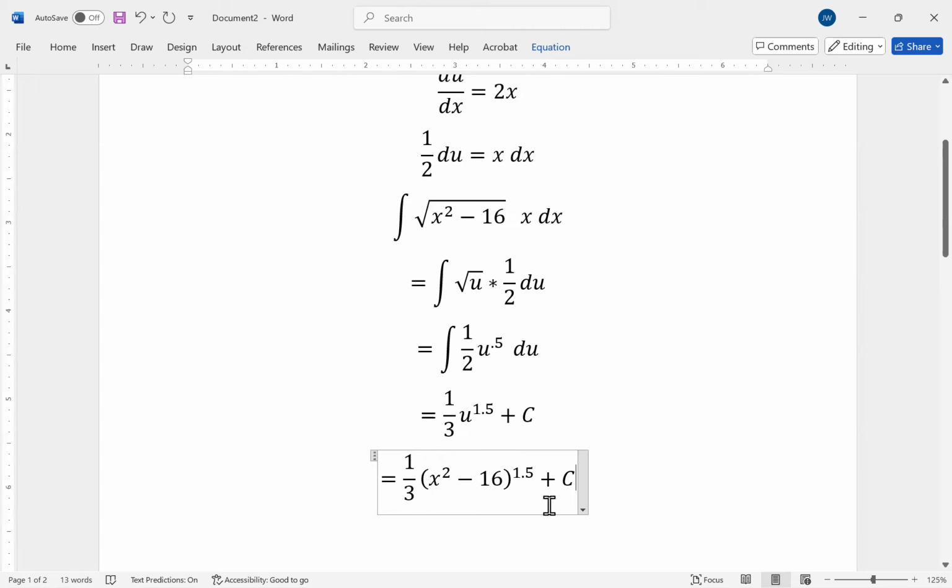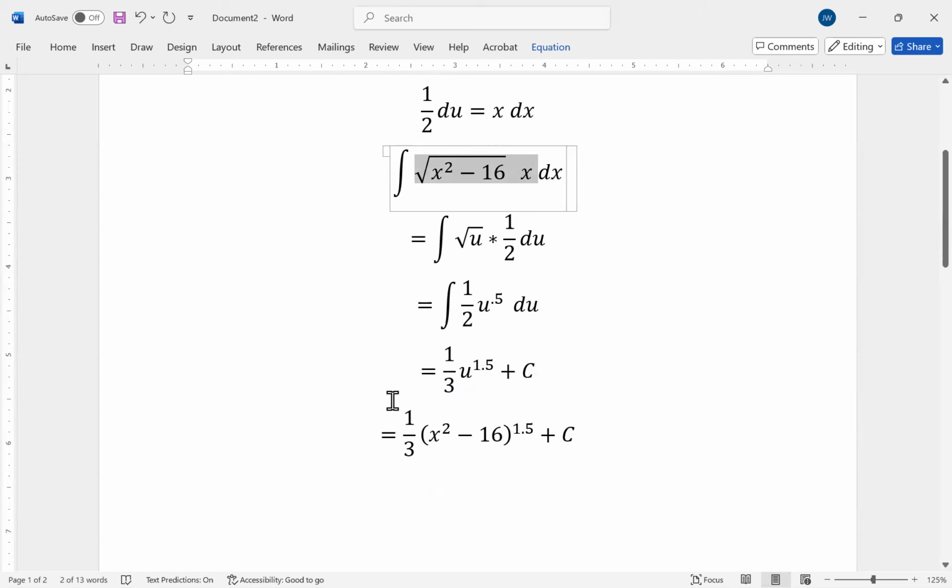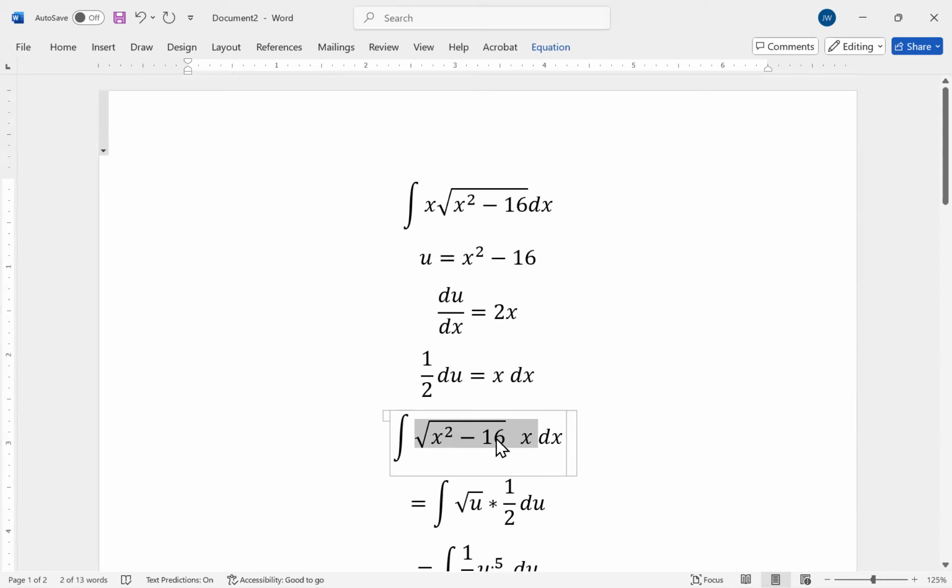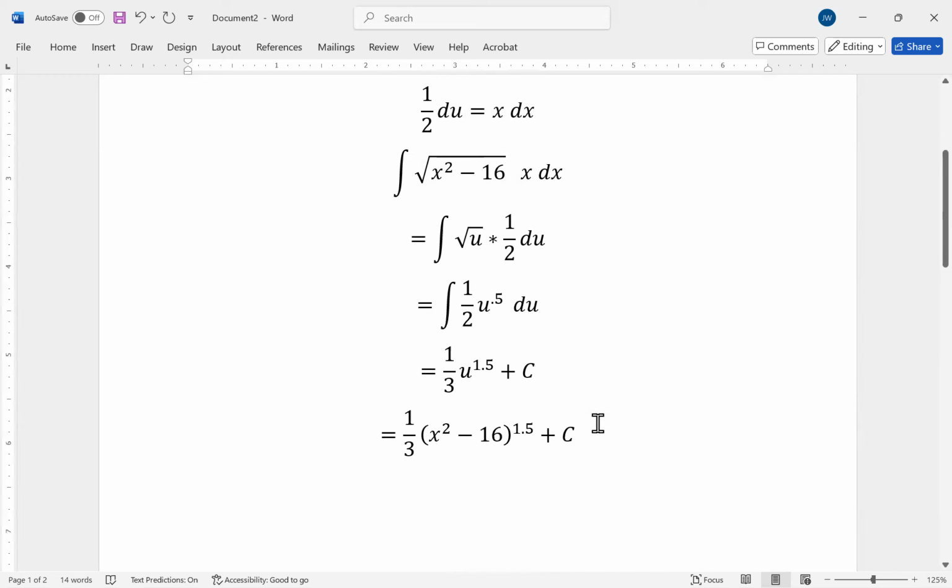So that is the antiderivative of this function here, x times the square root of x squared minus 16. So that's the antiderivative that I was looking for, the antiderivative of this original function, or an antiderivative, some would say. Hopefully that makes sense.